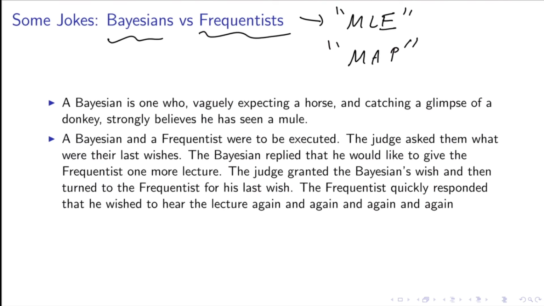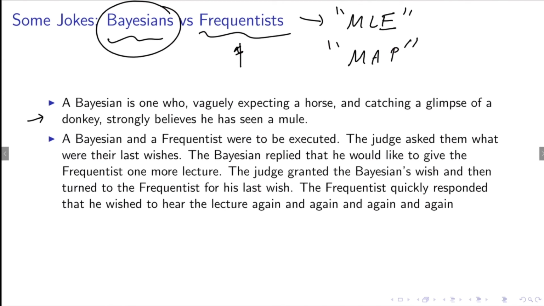Everything you can do, we can do better, that kind of thing. But it's a healthy competition, and in the field of machine learning, there are more frequentists out there as compared to Bayesians. So let's end this lecture on a lighter note on how to fight with each other.